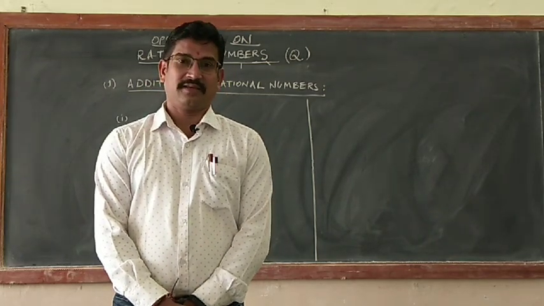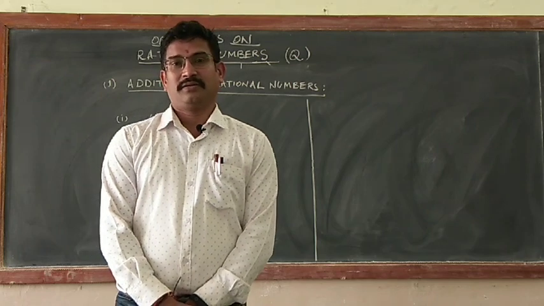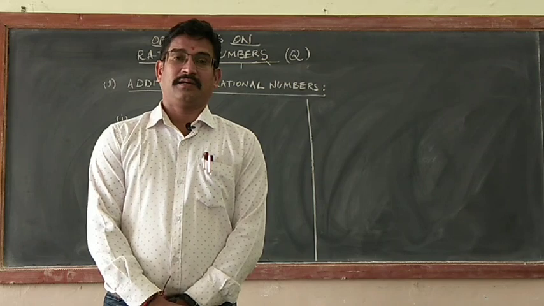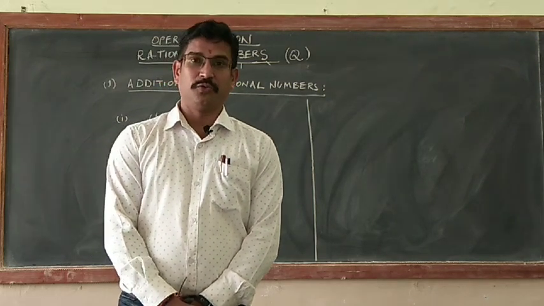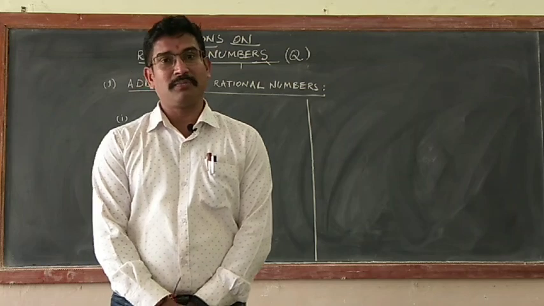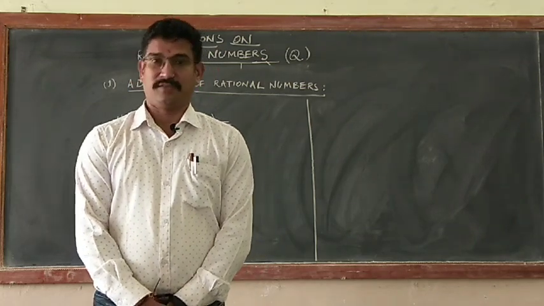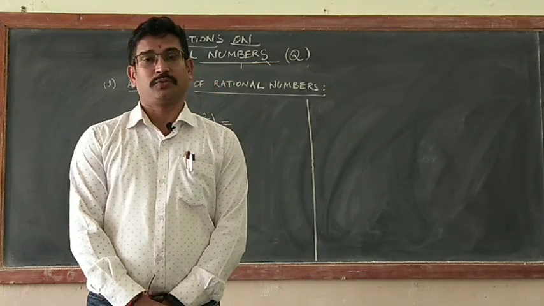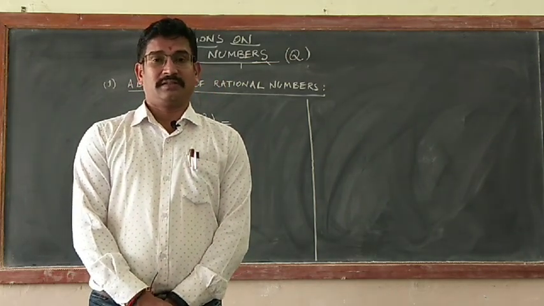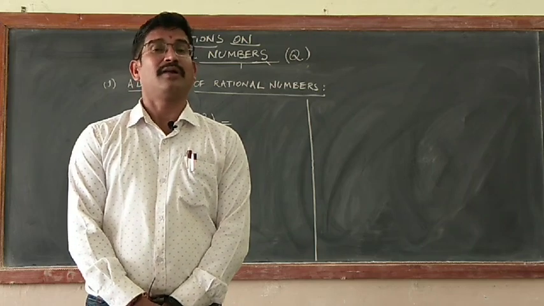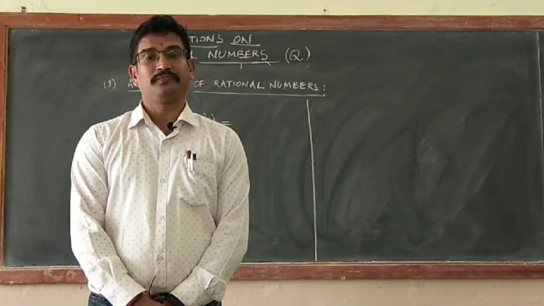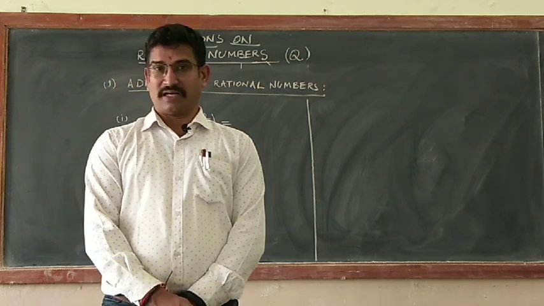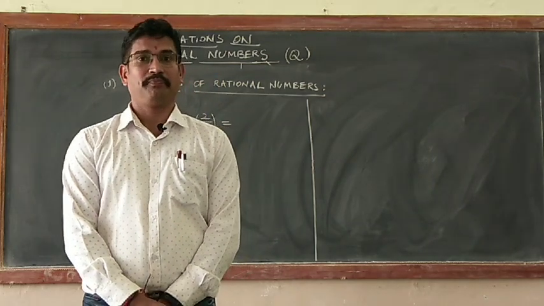As we discussed in our previous session, types of rational numbers, especially I told you positive rational numbers, negative rational numbers, and 0, and I asked you as part of homework to write the definition, examples, non-examples for rational numbers, and examples for positive rational numbers and negative rational numbers, 10 in each type.